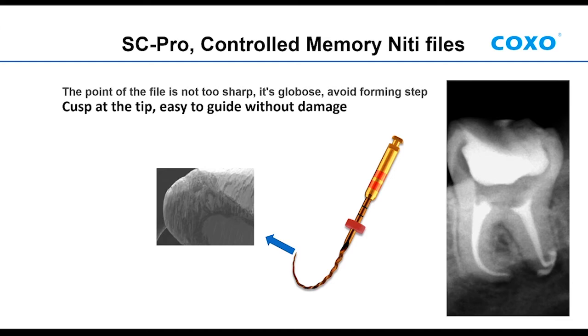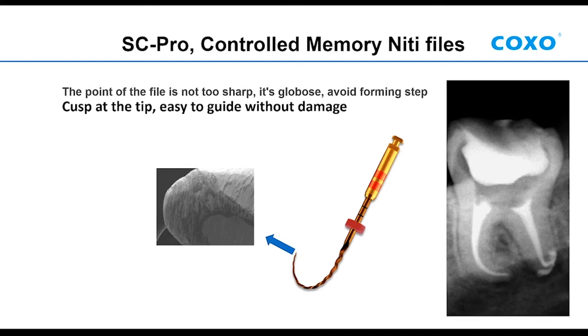Then you can see here another special design, the top of the endofile. We specially designed it a little round. If it's a little round, then it can follow the root canal going inside, and it is not easy to make a ledge. Some endofiles are designed with a very sharp top, like a triangle.